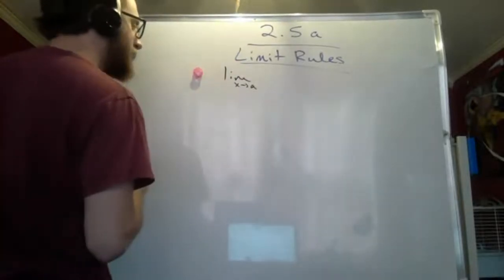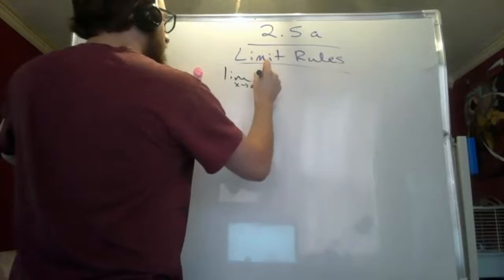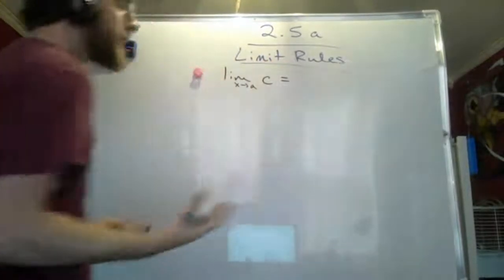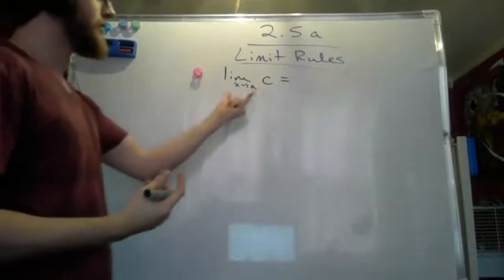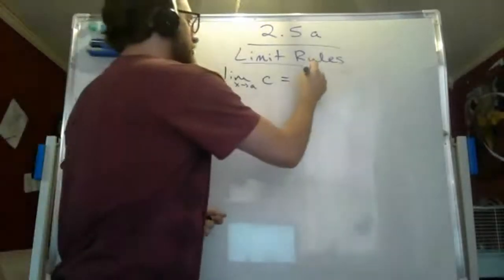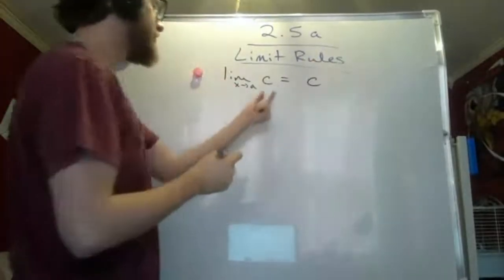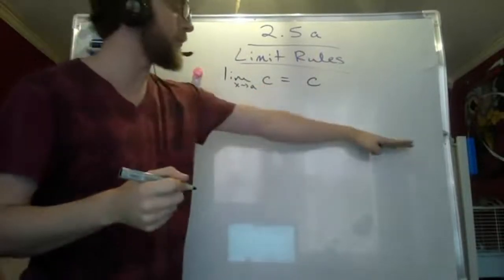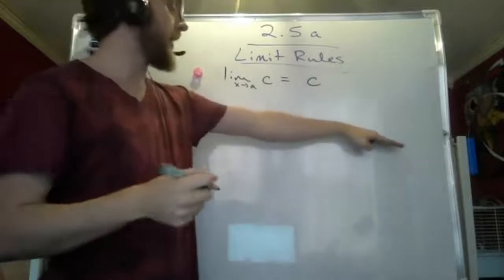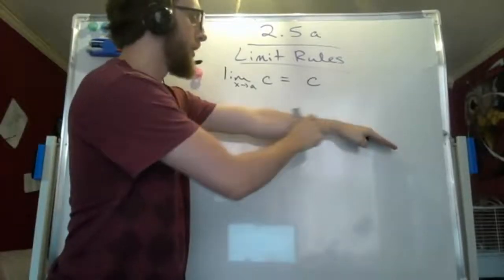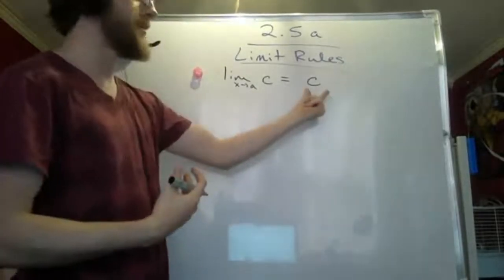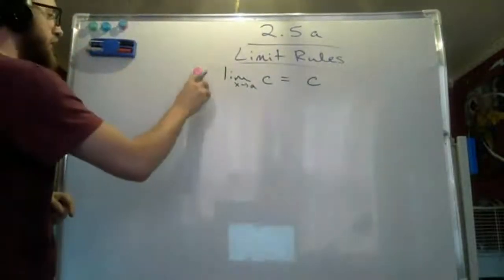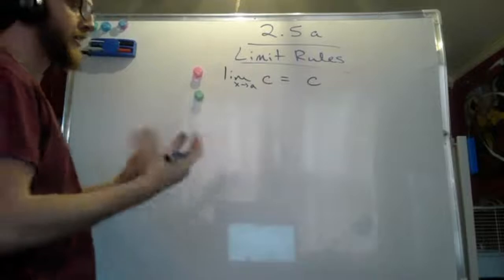As x approaches a for the function that is c, in other words, just some constant, then the limit of this is just c. There's no x's here, so x isn't changing. It's just a constant function, which means wherever you're trying to approach, it's always going to be the same value of c. Kind of a no-brainer, but just to clarify that it's there.